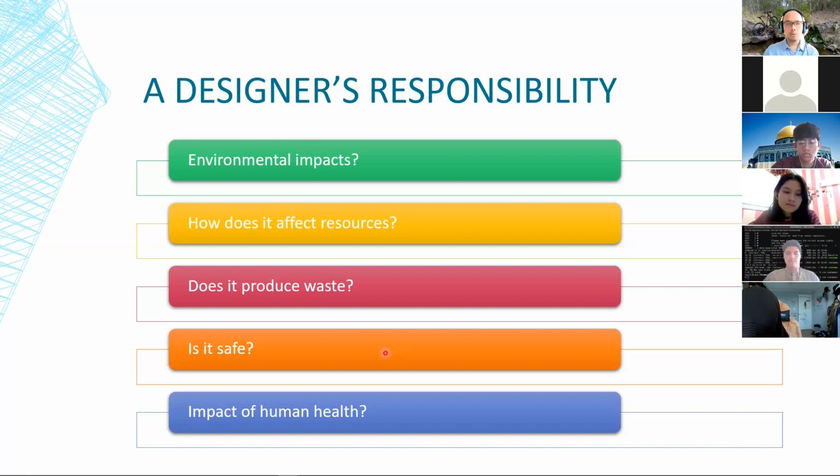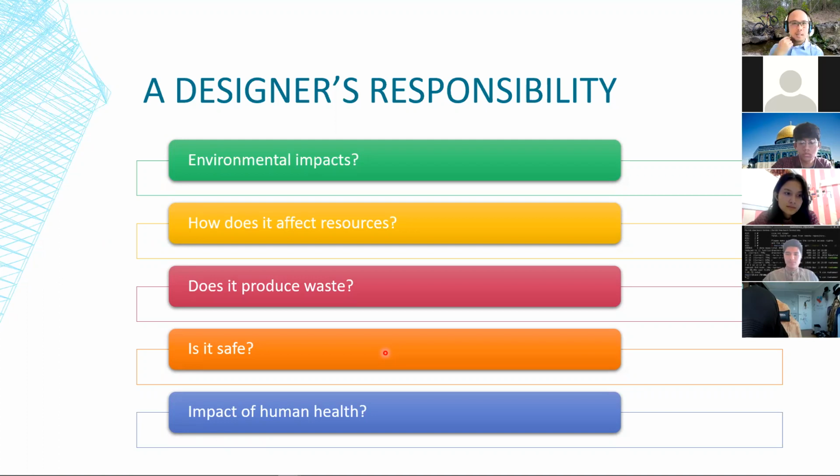Yeah, is it safe? If you make an article of clothing, for example, if you are a fashion designer, and you want to go after that certain look, and the only way to do it is by choosing materials that may be harmful to the safety of the people that wear it.